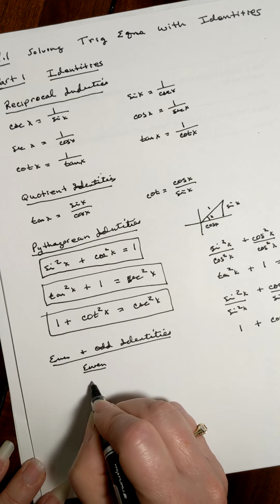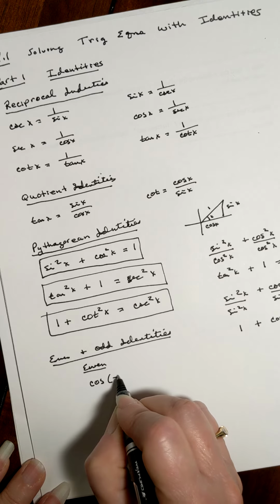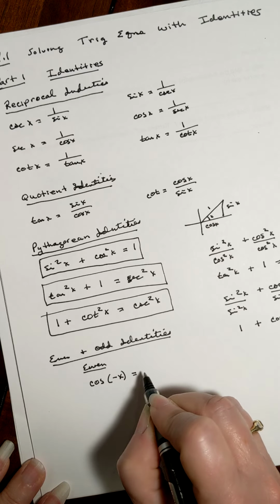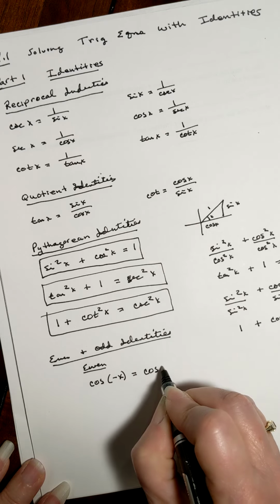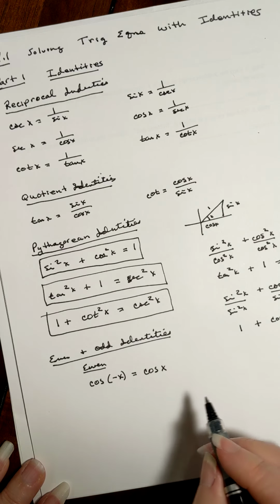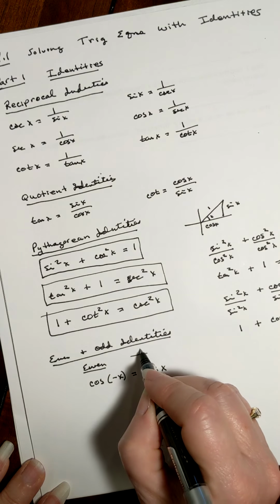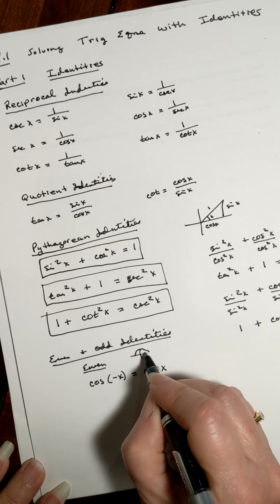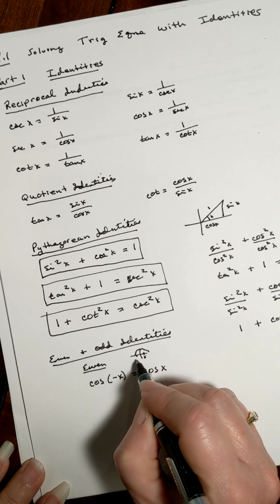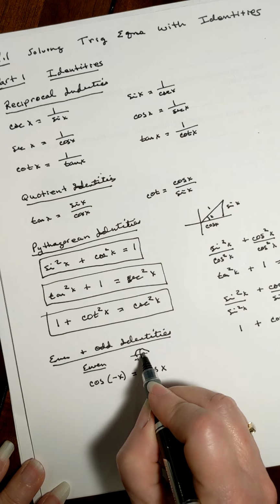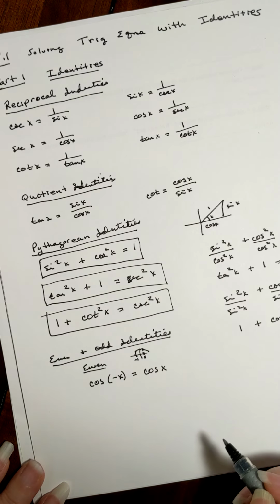If I have the cosine of negative x, remember that is the same as the cosine of x, because the cosine function looks like this. It doesn't matter whether I take a positive x or a negative x, I'm going to still have the same y value.